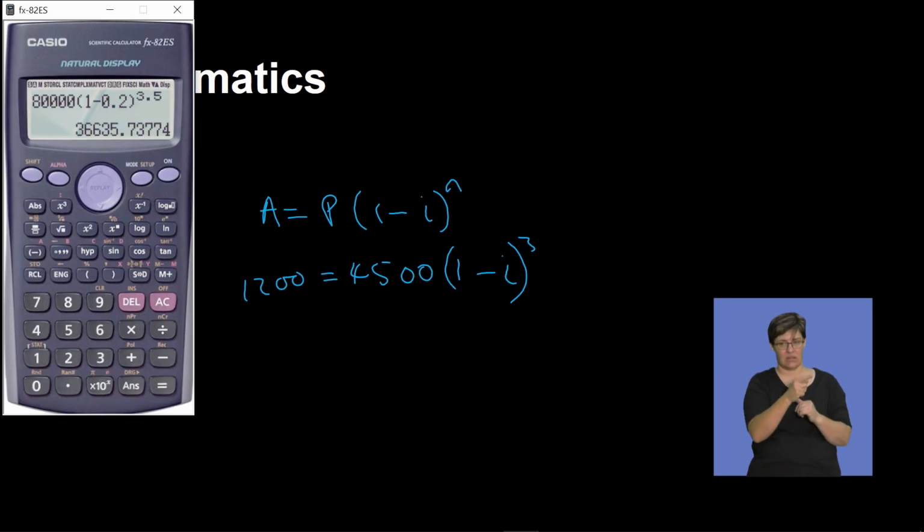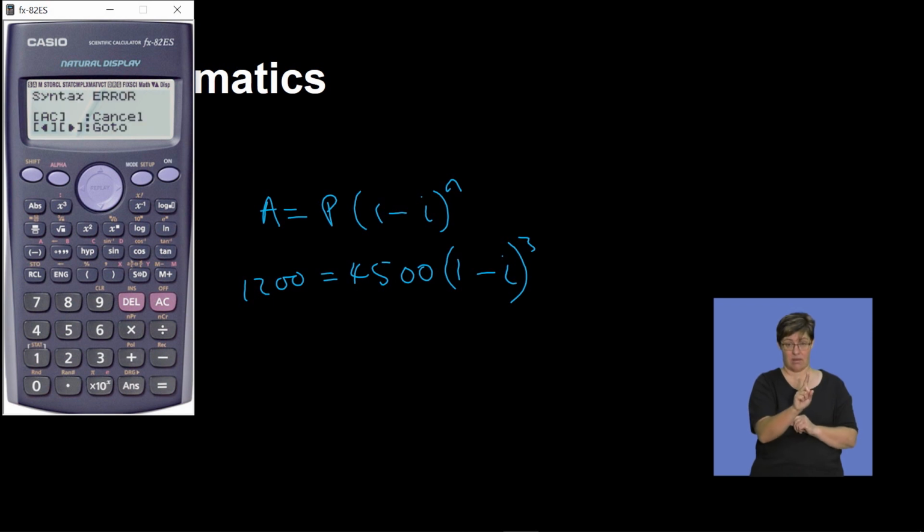So on a calculator, quickly, I will divide both sides by 4,500. Before we get to the 1 minus the answer, let's just do that quickly again. 1,200 divided by 4,500 is equal to that.